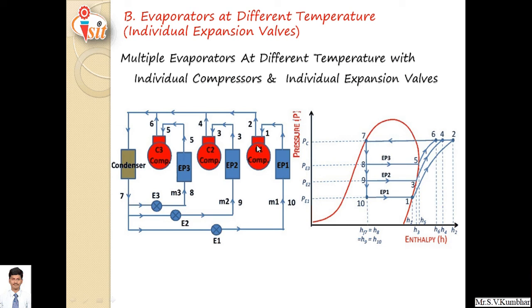Here vapors of refrigerant are compressed, due to which high pressure, high temperature vapors of refrigerant flow through the condenser, and after that they flow through the expansion valve, and then through evaporator 1. Similarly, in case of compressor C2 and compressor C3, here again we can get different temperature in evaporator.